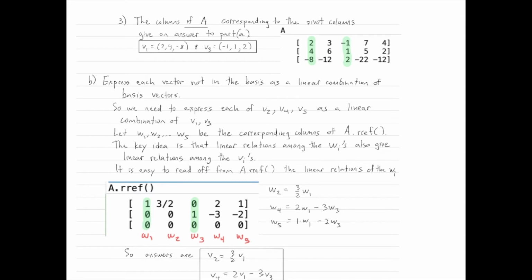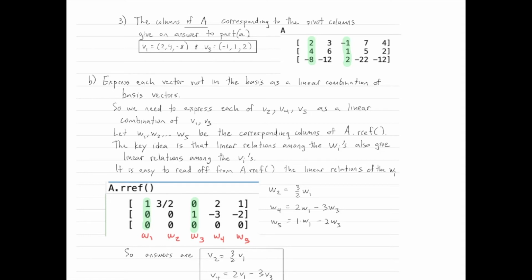Okay, so then part B again said express each vector that's not in the basis as a linear combination of basis vectors. So one such vector that's not in the basis was v2, and we need to express it as a linear combination of the columns in green. Likewise, these two columns, columns 4 and 5, we need to express each of them as a linear combination of the columns in green.